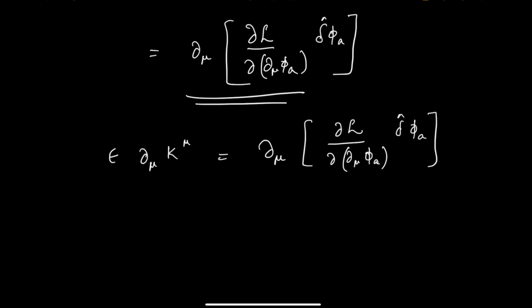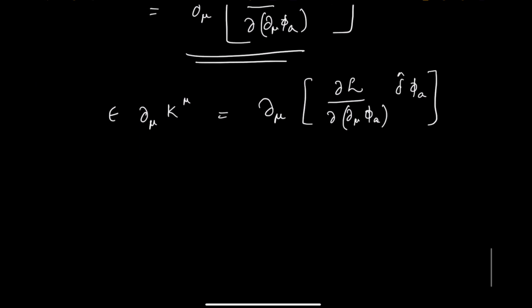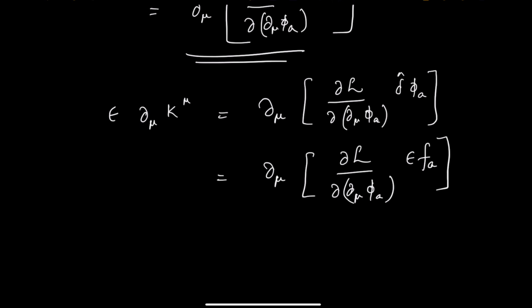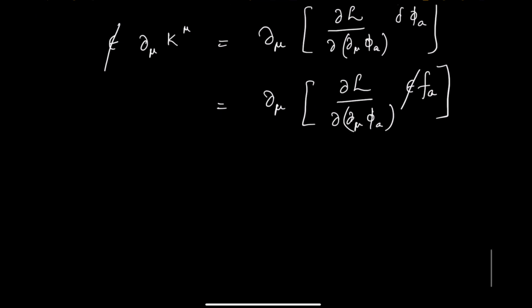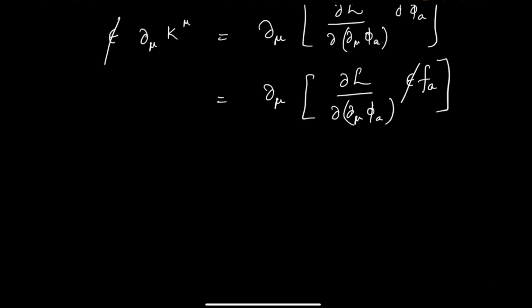Now here ε is independent of space-time because we are considering the global symmetry. So I can write δφ_a in terms of ε, which we have already defined as ε F_a. Since ε is independent of space-time, I can take it out of the derivative and cancel it.